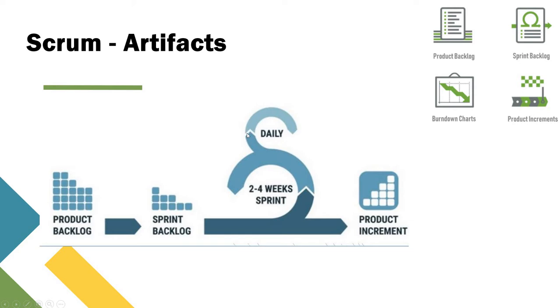Okay, let's look into Scrum artifacts. Basically, there are 4 Scrum artifacts: product backlog, sprint backlog, burn down charts, and product increments.